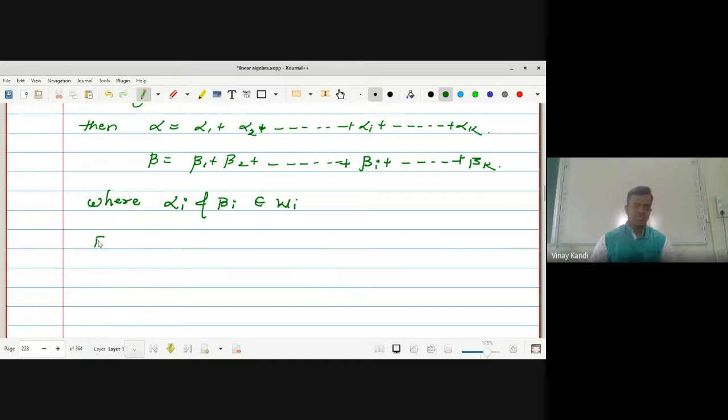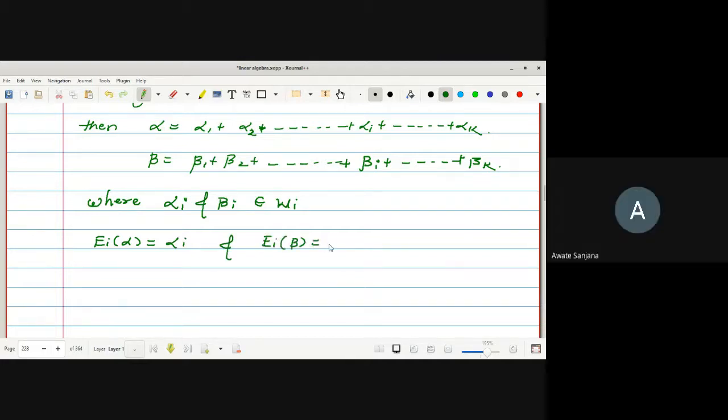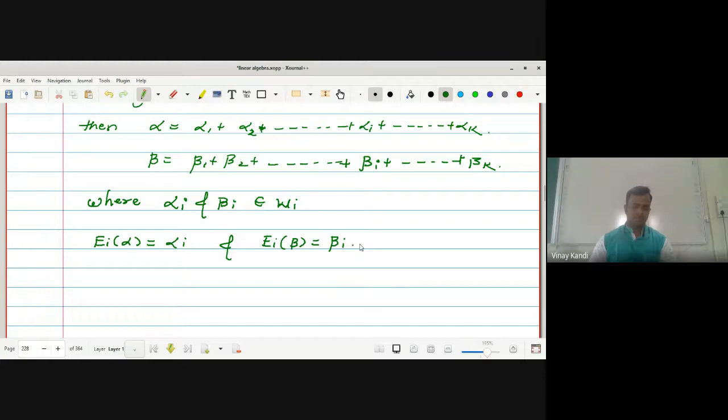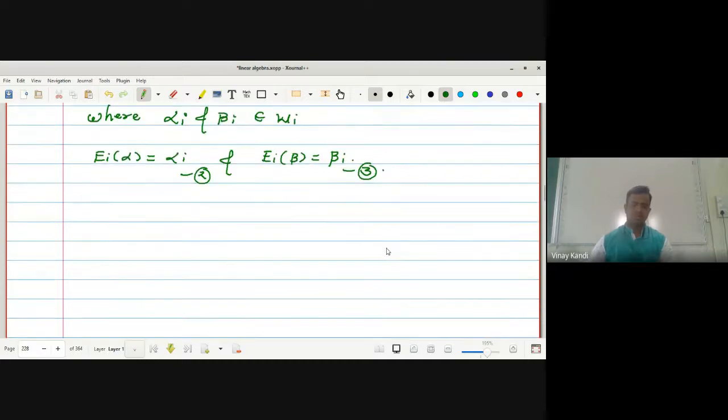What is E_i of alpha? By the definition of E_i, this is alpha_i. And E_i of beta is beta_i. Give it as equation number 2, and this one is the third, by definition of E_i.